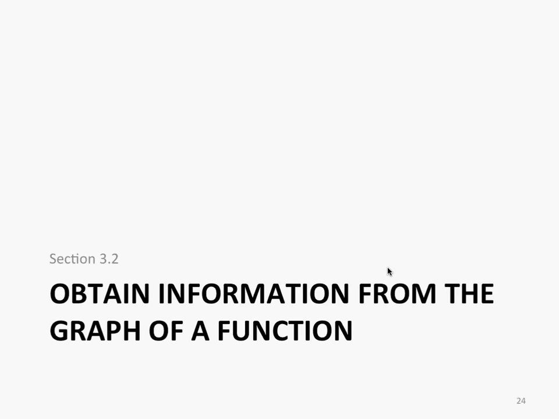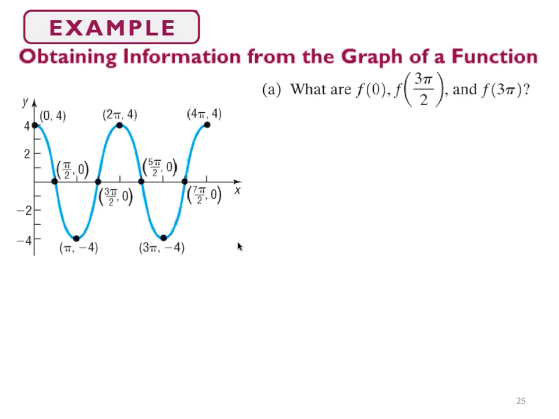Okay, in section 3.2, we're also going to learn how to obtain information from the graph of a function. So if we look at this graph here, we have kind of a whole set of points. This looks like some kind of sine or cosine curve that you don't need to really worry about. This is going to be used to demonstrate how we obtain information from a graph.